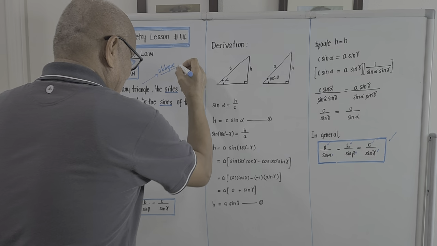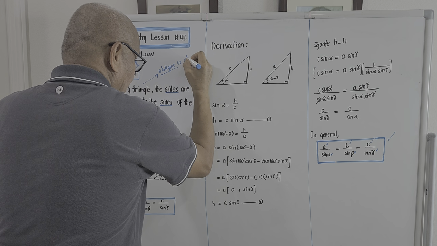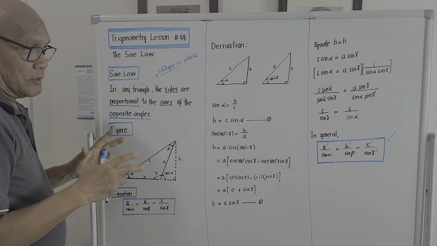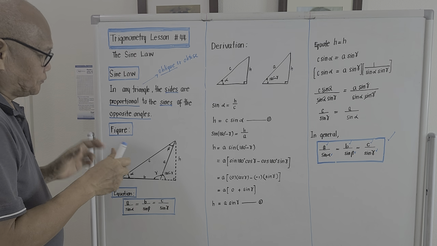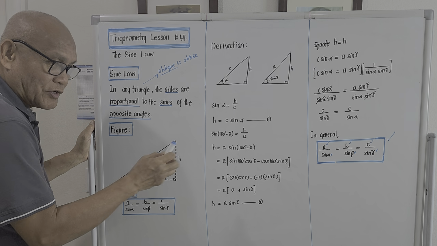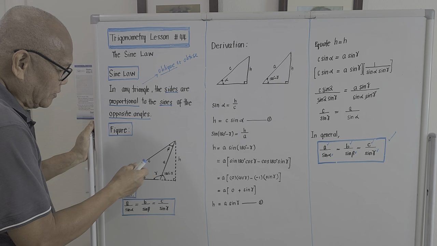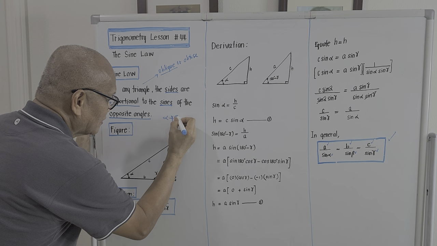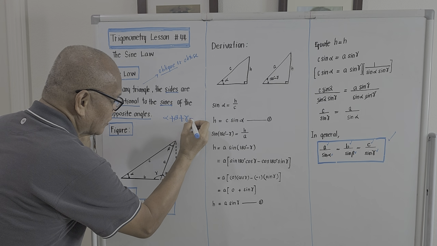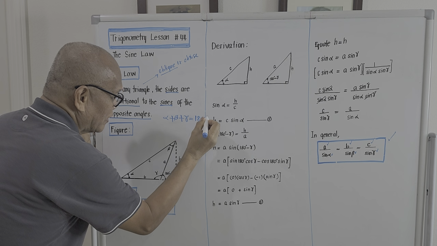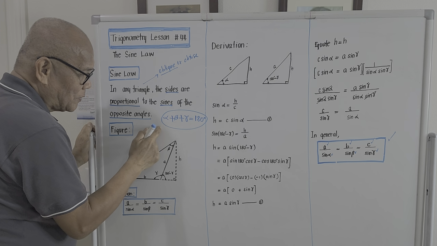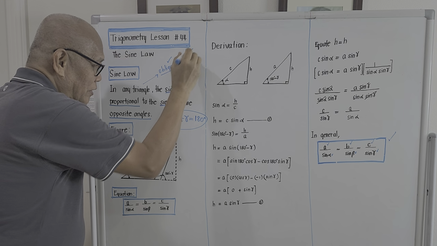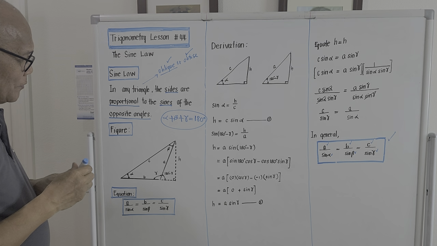If the given triangle is oblique or obtuse, meaning the triangle is not a right triangle, then the summation of alpha plus beta plus gamma is equal to 180 degrees. If the summation of alpha plus beta plus gamma is equal to 180 degrees, it is an oblique or obtuse triangle. The configuration will be something like this.